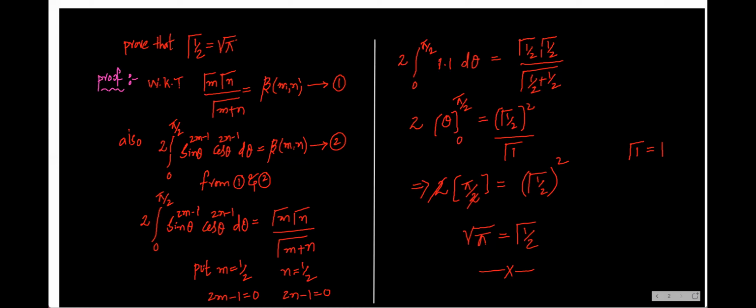Roll number 1 is there. Give me the attendance, otherwise I'll mark you absent. Roll number 1 is there. Two, three, present.